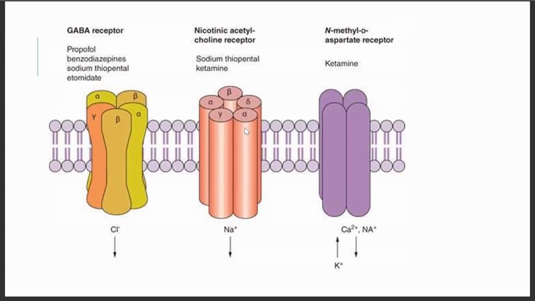The middle one, the orange one, is the nicotinic acetylcholine receptor, which is an excitatory receptor at the neuromuscular junction. The ion movement is open sodium channels causing depolarization, and drugs that interact are thiopental and ketamine. The third one on the right, the purple one, is the NMDA, N-methyl D-aspartate receptor.